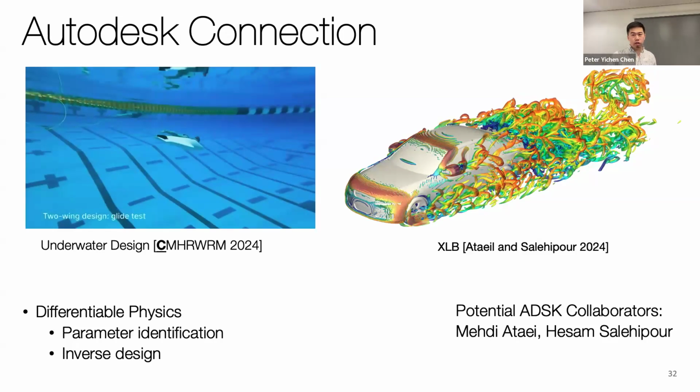And having a differentiable framework really allows us to iterate the shape of these underwater gliders, thanks to the differentiable physics. There's a certain loss function and we want to optimize with respect to that to change our shapes. And just recently, we've been discussing the solver we're using, which is a static solver. We're talking about the XLB solver that Autodesk developed. I think this is quite exciting.